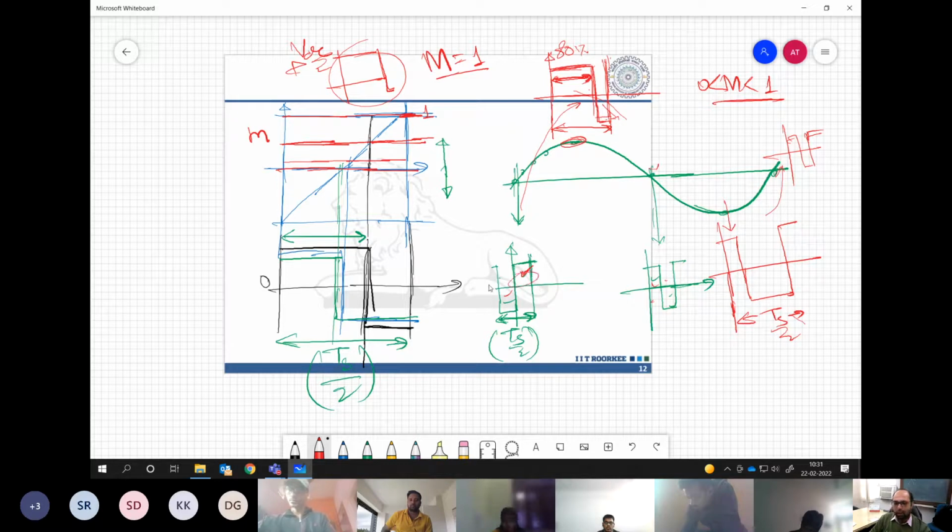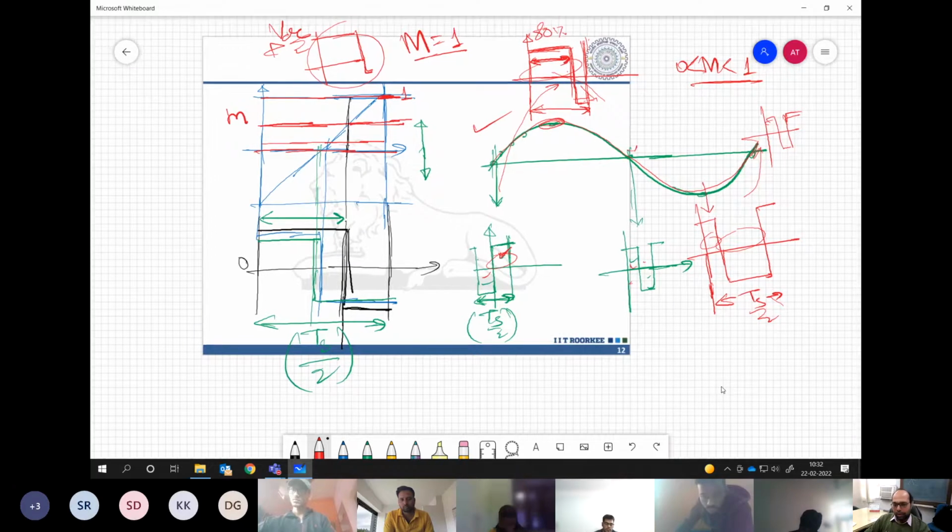And this variation in the positive width or negative width happens in a sinusoidal manner, because we are trying to realize a sinusoidal waveform over here. So this variation would be in a sinusoidal manner.